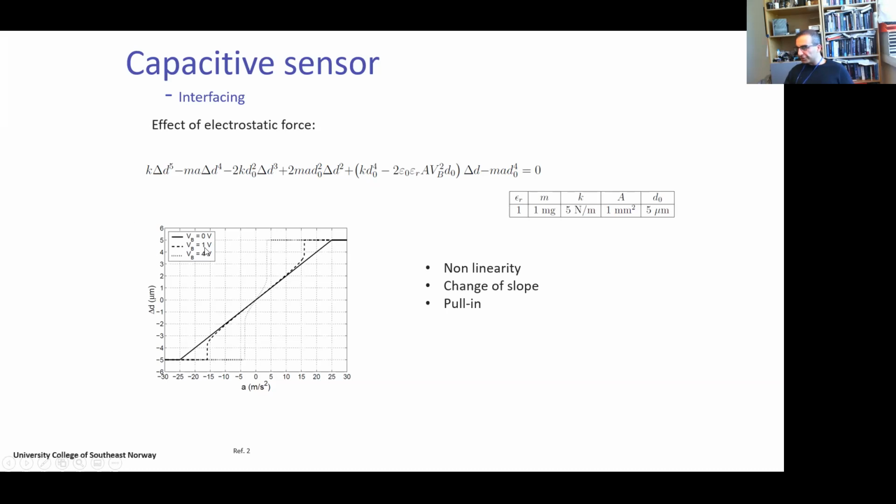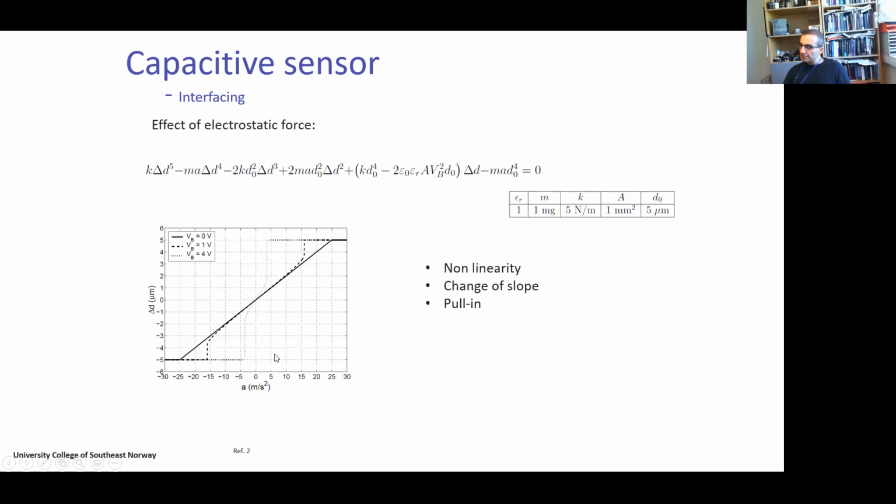If we increase the voltage to, for example, 1 volt, then we see that the range decreases. The range due to the acceleration decreases to almost minus 3.5 to plus 3.5 micrometer. And if it's increased to 4 volts, it will decrease to minus 1.5 to plus 1.5.